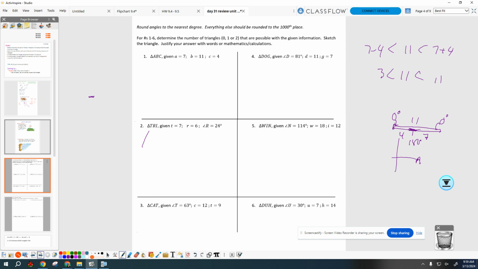Then you do 24 sine, times 7, equals 2.847, right? That's right. And then divided by 6. So you got 0.47. And then you do sine inverse to that.